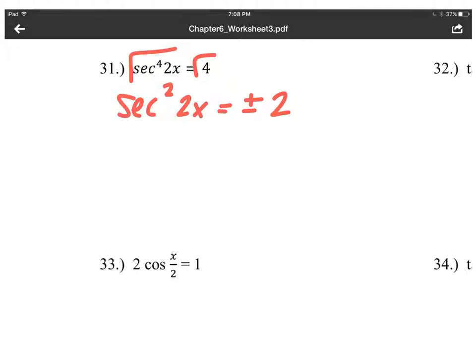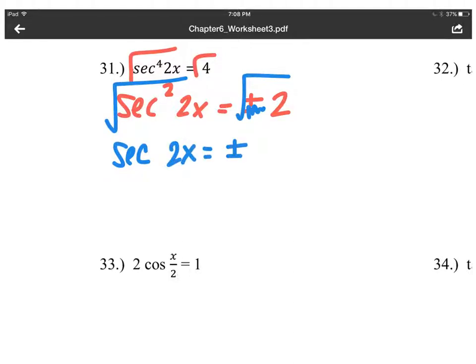Secant squared of 2x equals positive 2, secant squared of 2x equals negative 2. Now we know that it's impossible to have a quantity squared that equals a negative number. Therefore, when I square root this again, I don't even have to worry about that negative sign because that's not a real solution. So then after I square root again, I get secant of 2x equals plus or minus square root 2.